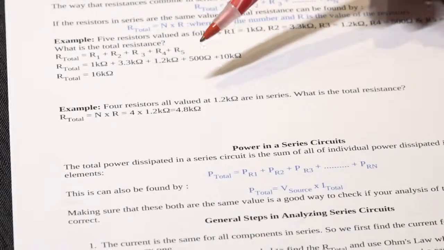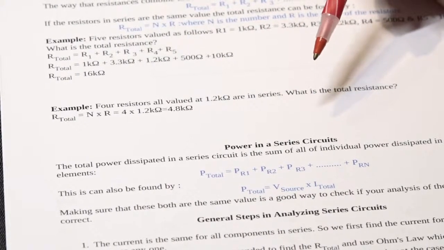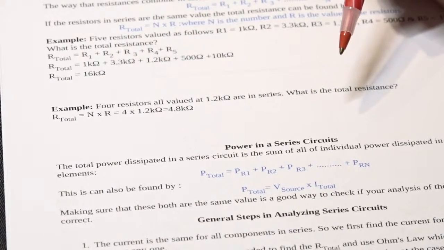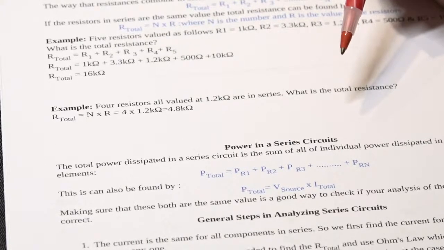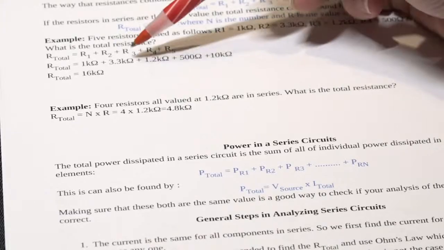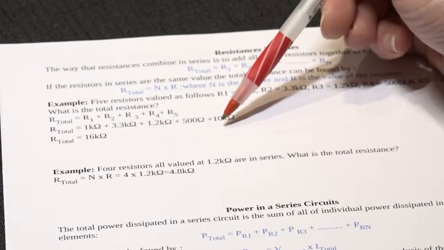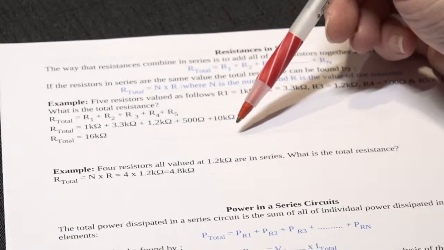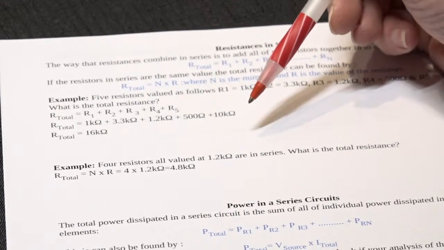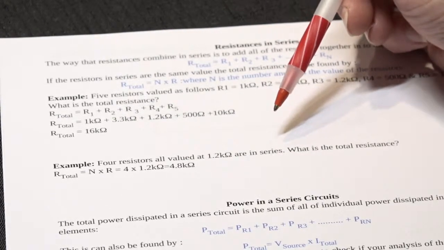One thing to make sure that you are aware of when you are analyzing a series circuit is the fact that the more resistors you add, the higher the resistance becomes. So more resistors, higher value of total resistance.